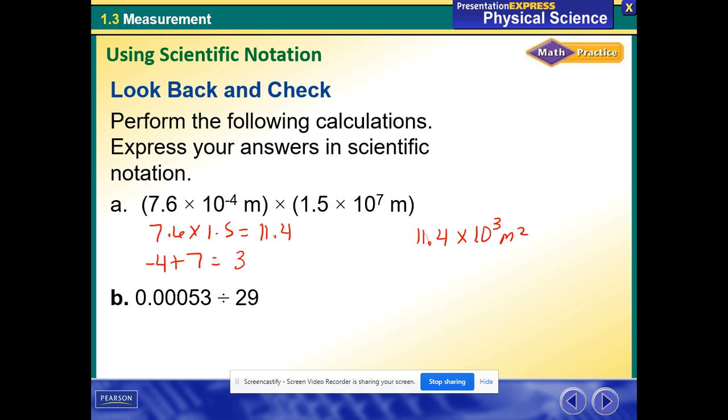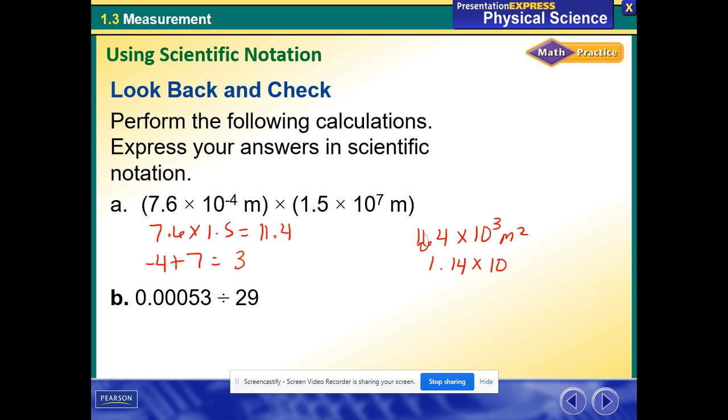Now this is not in proper scientific notation because my number right here is not between 1 and 10. So I have to move my decimal to the left. And I get 1.14 times 10.